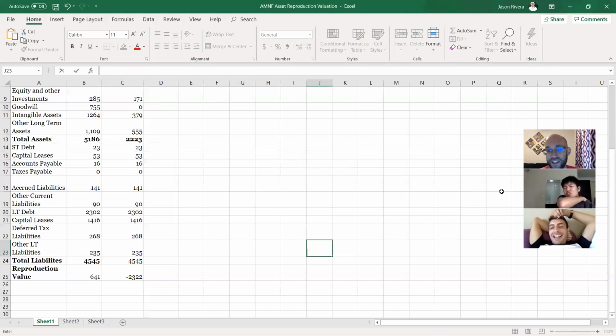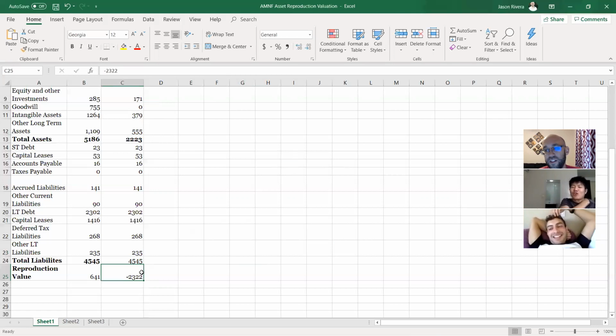But even if it's negative, if you're buying this business, what does it mean if you're investing in this business? What do these two numbers mean right here? If you're buying the whole business, what does this mean? Is it going to cost you more than it's worth? You're buying up all the liability. Not really.